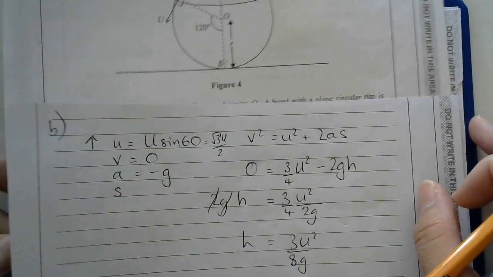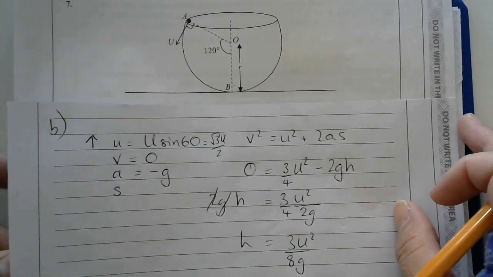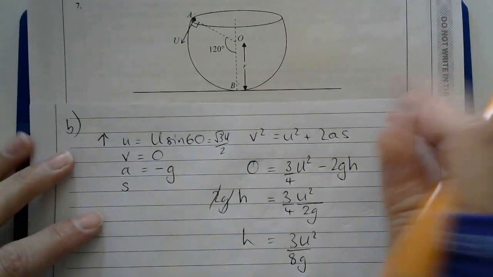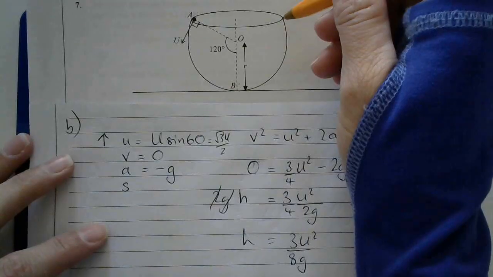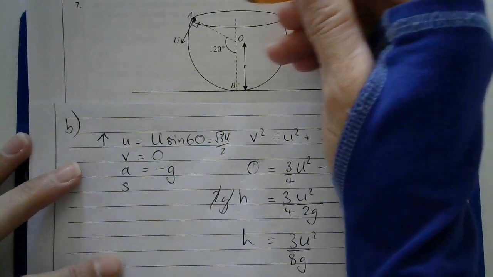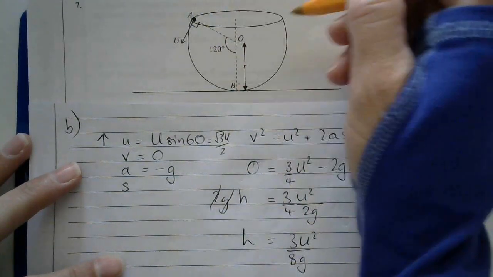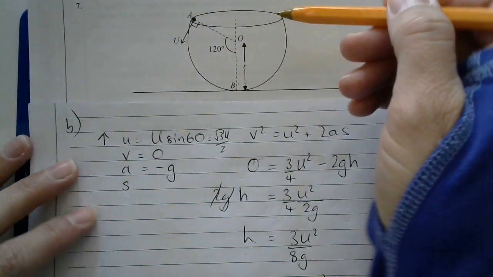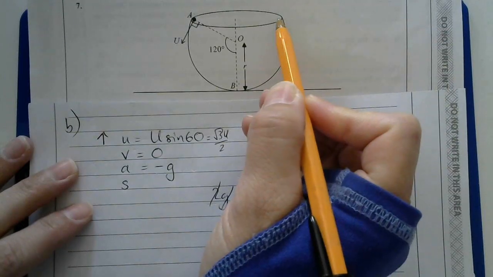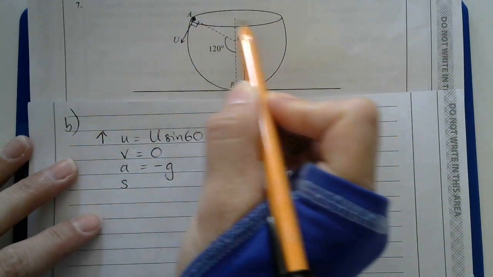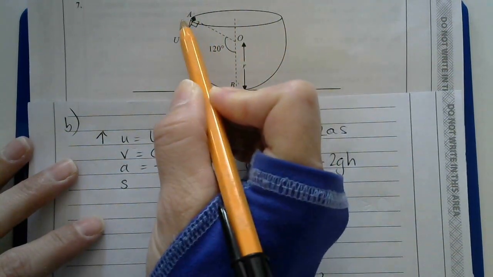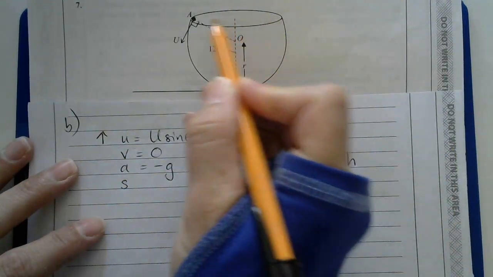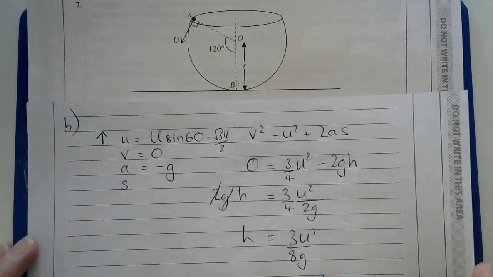So if I look at my diagram again, once it leaves the surface, then I need to show that it was going so fast that rather than doing a kind of pathetic whoa, it will go sailing over here. So I basically need to show that the horizontal distance covered will be greater than this distance here.